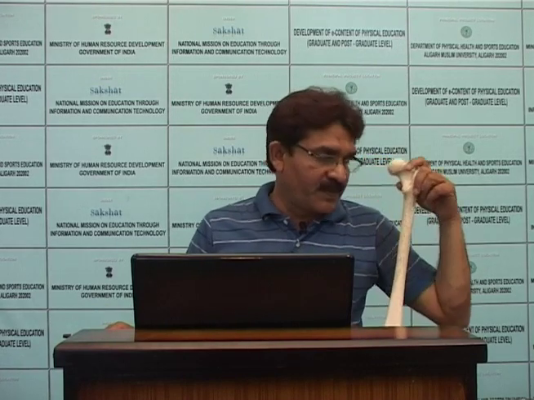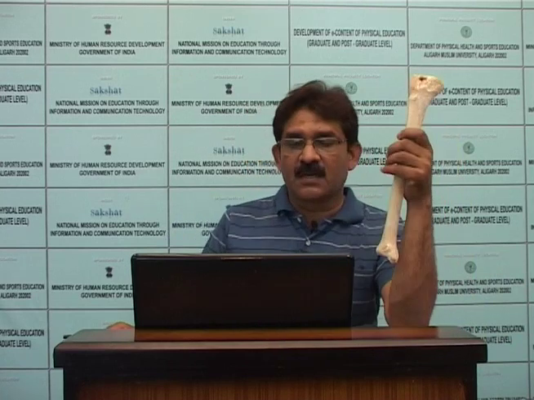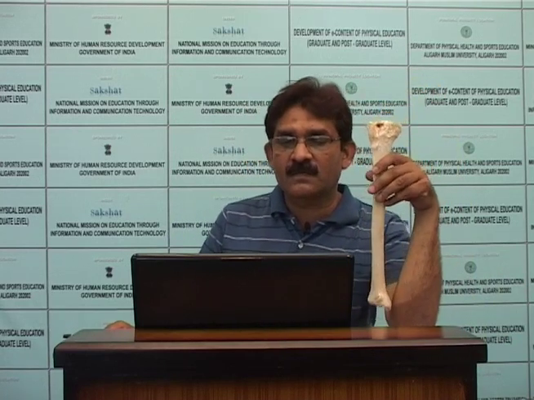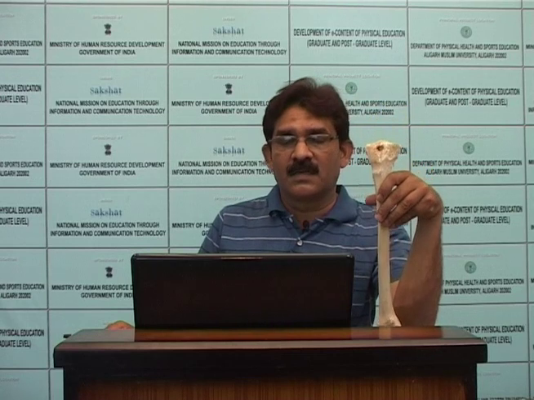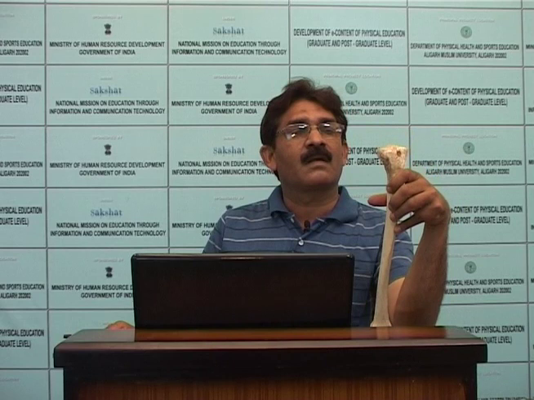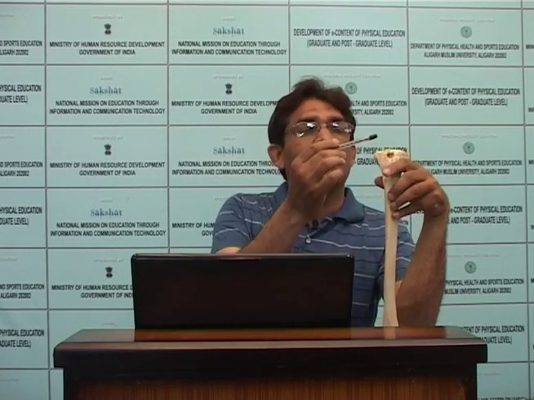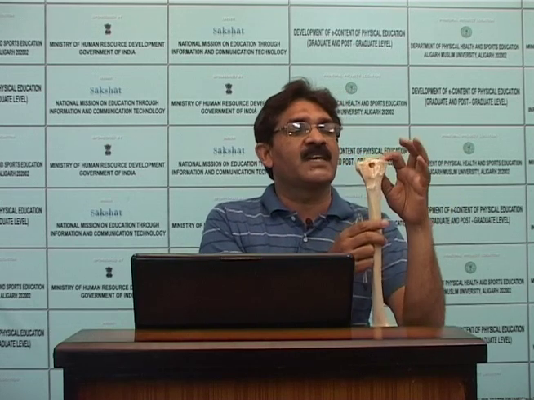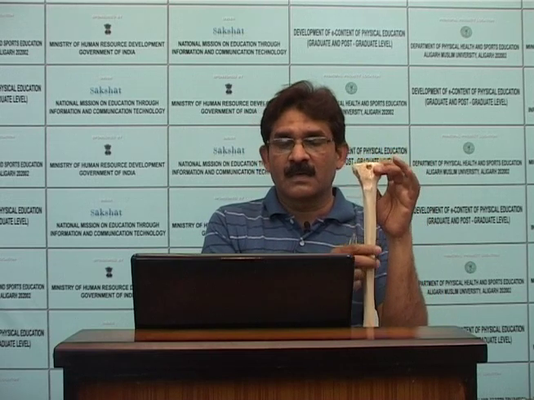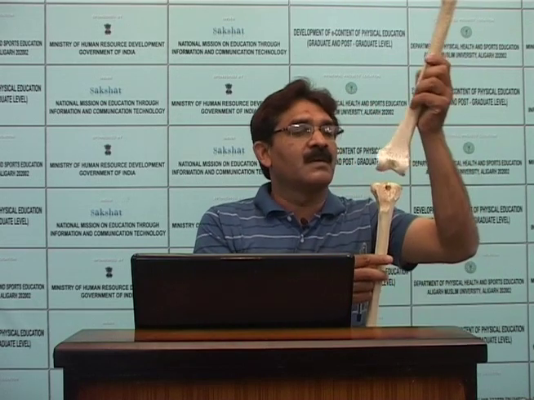The next bone is the tibia. This is another long bone called the tibia. This is the anterior part of the tibia, and the upper end has two facets for the condyles of the femur.